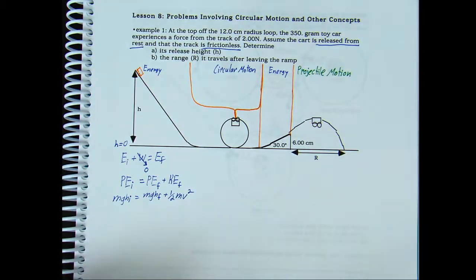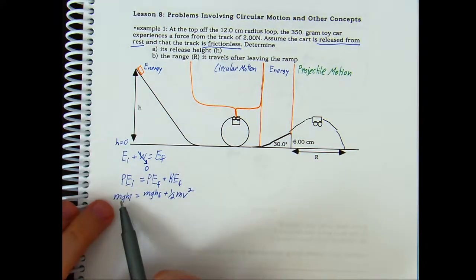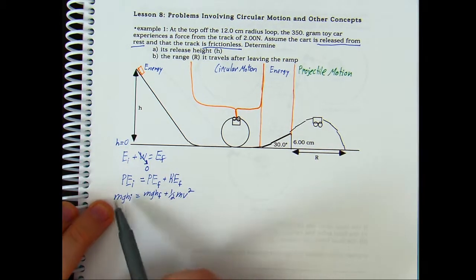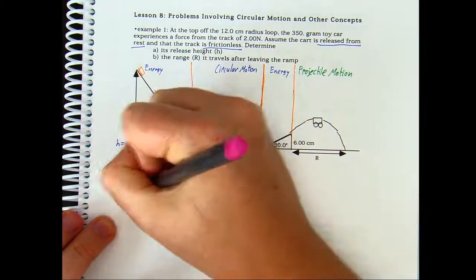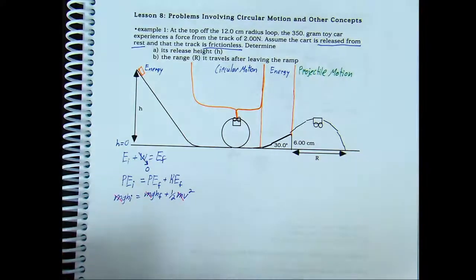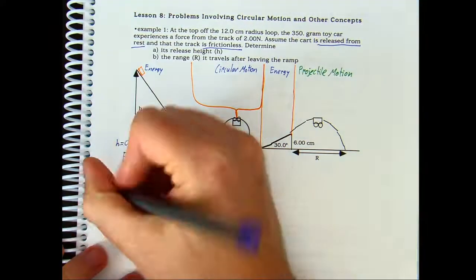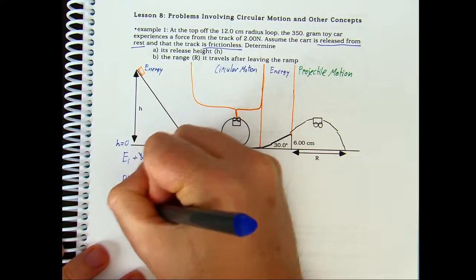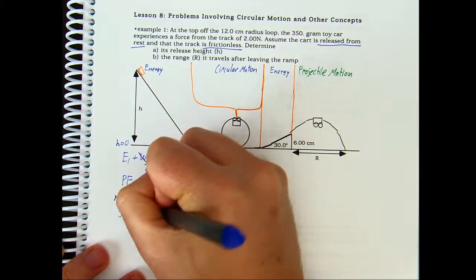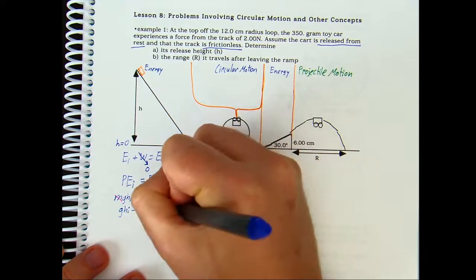And now let's see what we can do here. We can make this a little bit nicer because there's this same mass in every term on both sides. So if I divide both sides by m, it's going to cancel out in all of those terms. So we're going to get gh initial equals gh final plus 1/2 v squared.